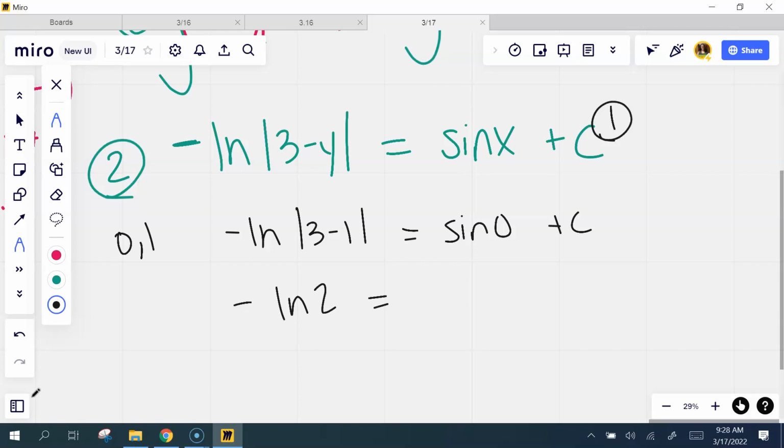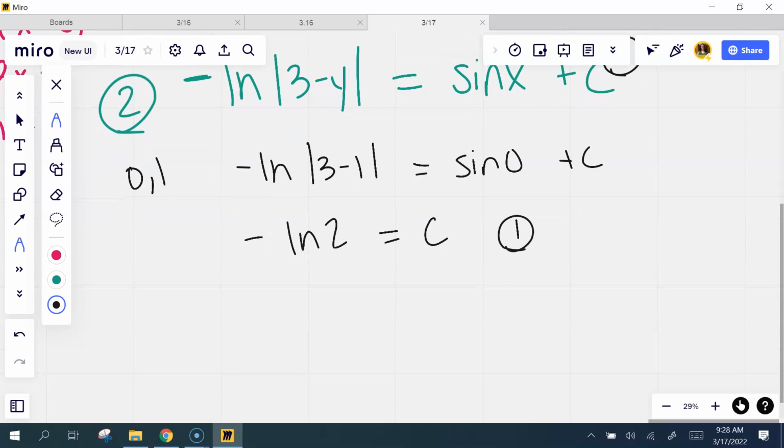The sine of 0 is 0, so c is negative log 2. That's a point. Did you correctly find c? You use the initial condition to find c. Now there's only 1 point left, and that's for the answer. Did you solve it for y? So even if you mess up the answer, you only messed up 1 point.